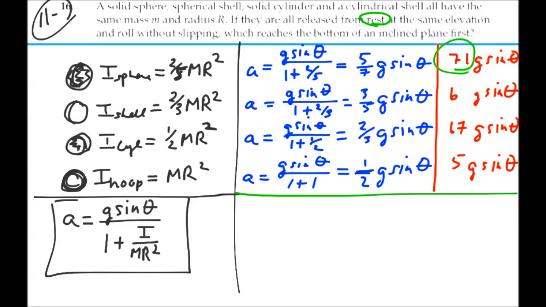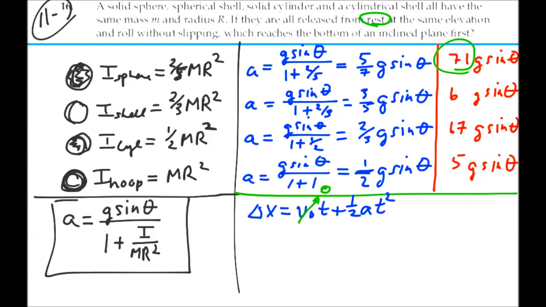So in general, our displacement down the incline would be equal to our initial velocity times time plus 1/2 acceleration times time squared. With the initial velocity being 0, that means it all goes as the acceleration. All these displacements being the same, the one that has the largest acceleration will have the smallest time, and hence the sphere will have the shortest time.